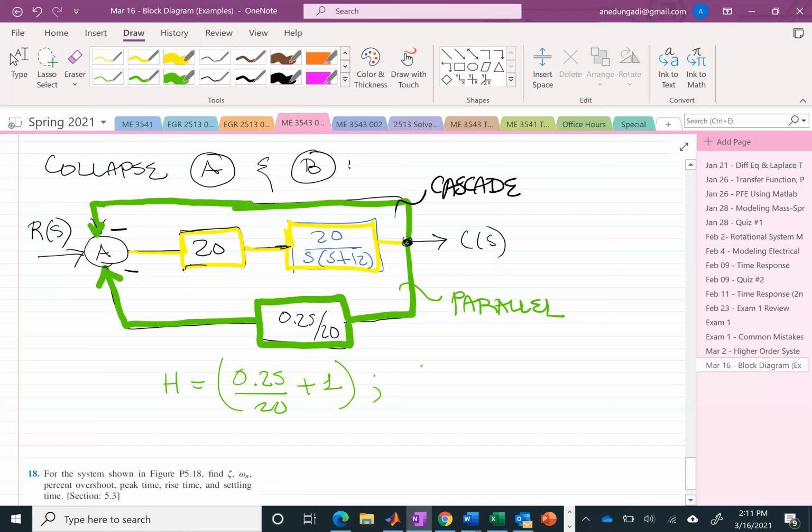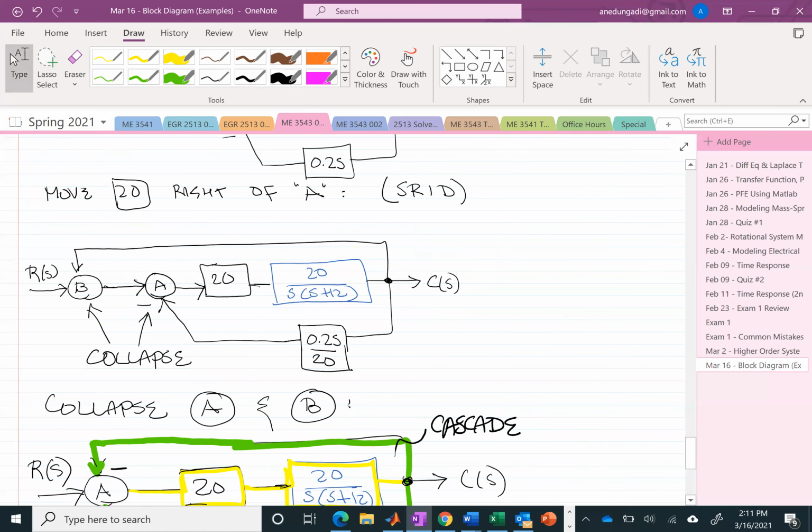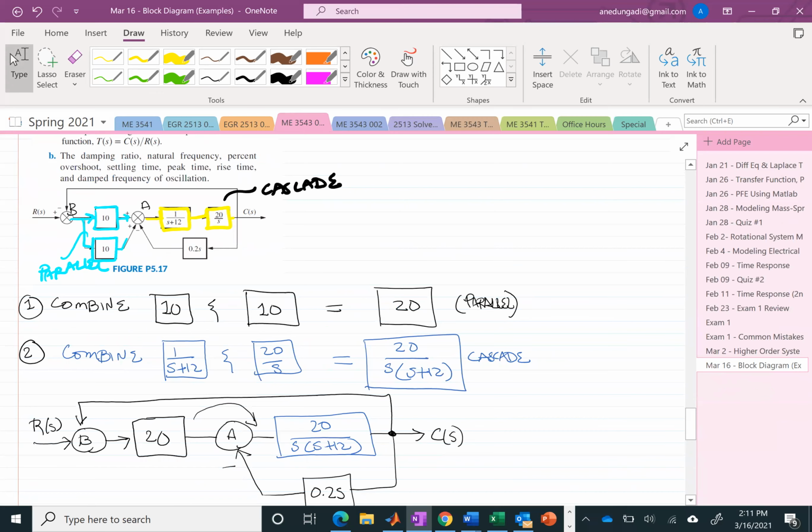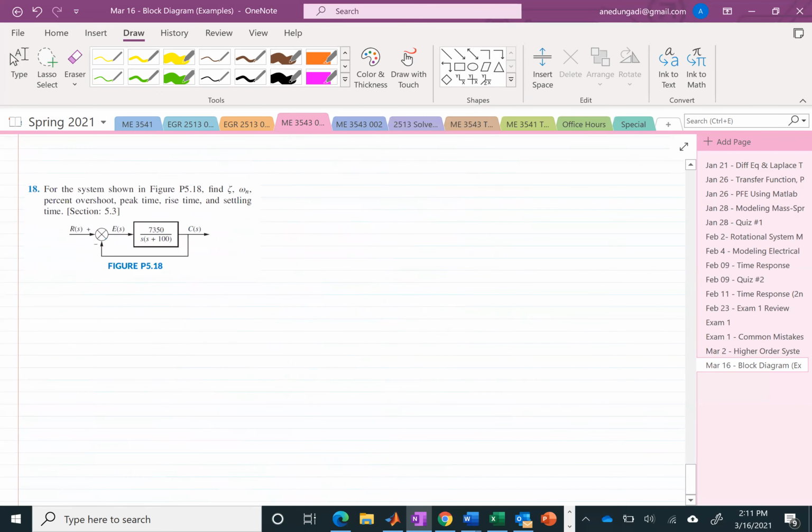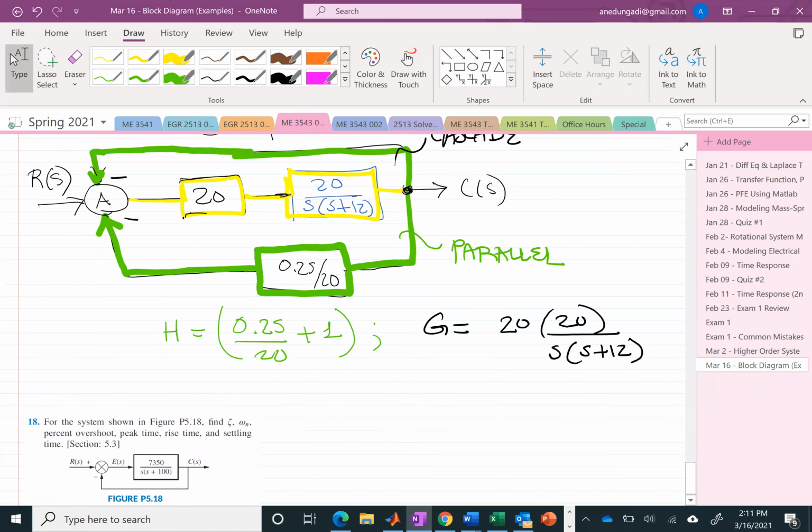Forward transfer function G is what? 20 multiplied by 20 divided by s plus 12. Is it indeed s plus 12? S plus 12, yeah. And then the feedback form, right? Is G divided by 1 plus G times H.